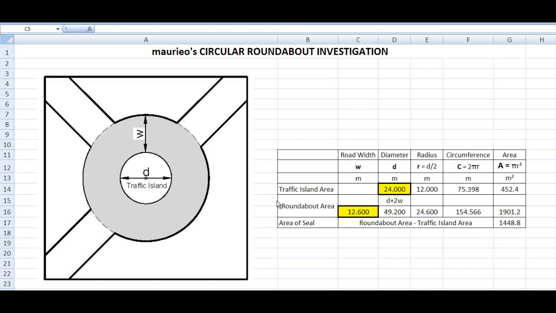So the first thing we probably need is some formulas. Now the area of a circle is pi r squared. Pi is one of the major ratios of mathematics: the ratio of the circumference of the circle to the diameter.